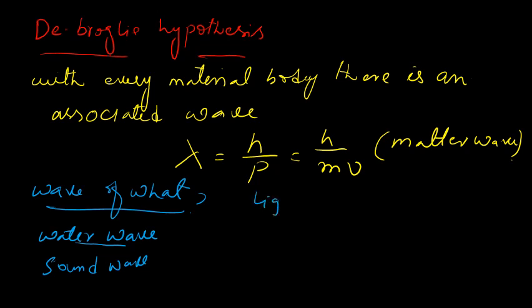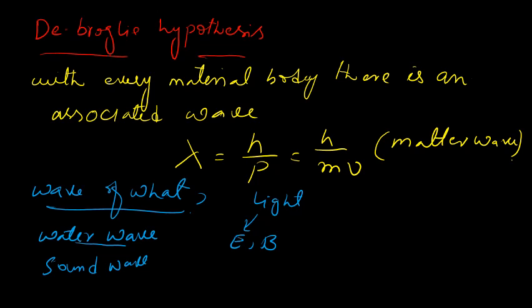In light, we have the changing electric and magnetic fields, whose variation constitutes the electromagnetic wave. But what is it that varies in the case of a matter wave? That is the huge question.